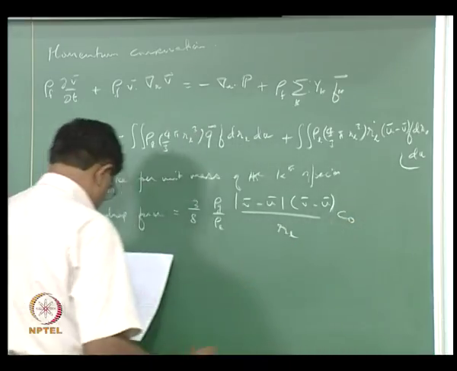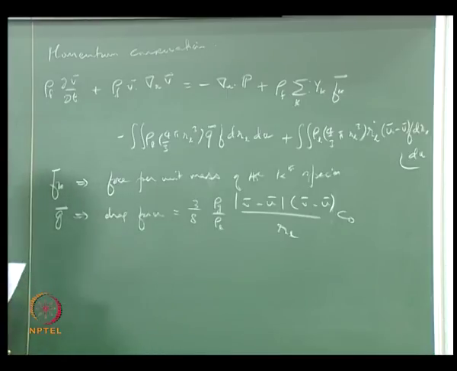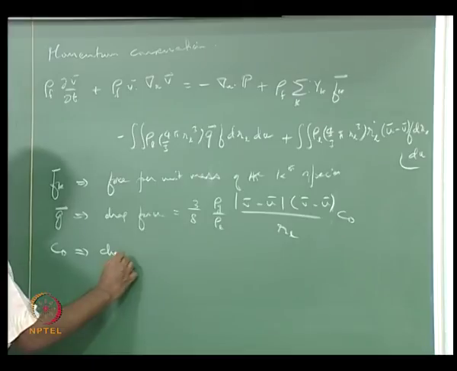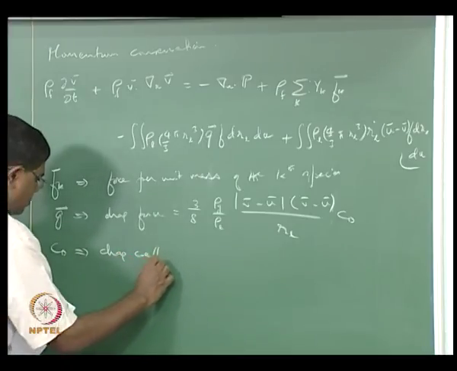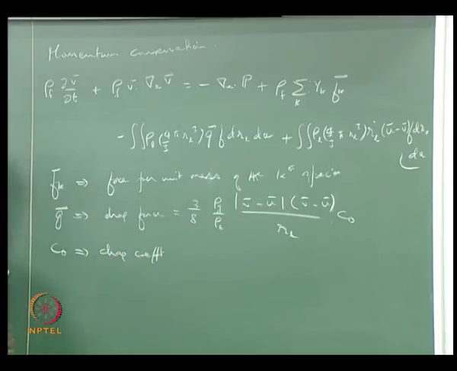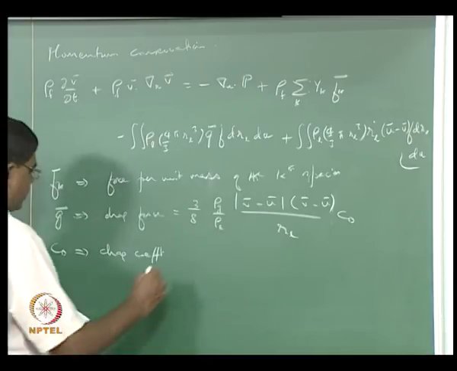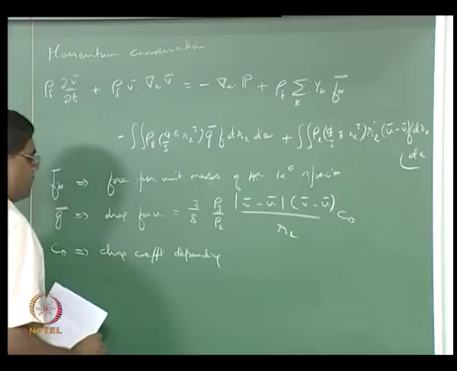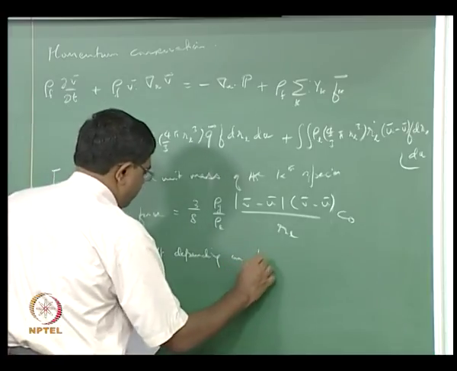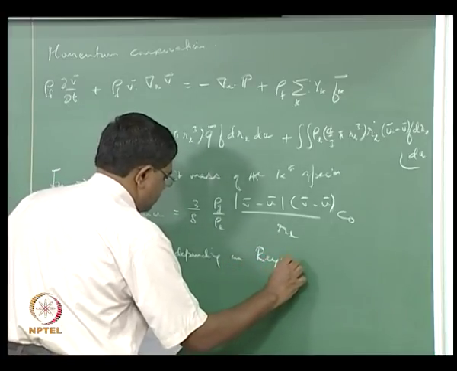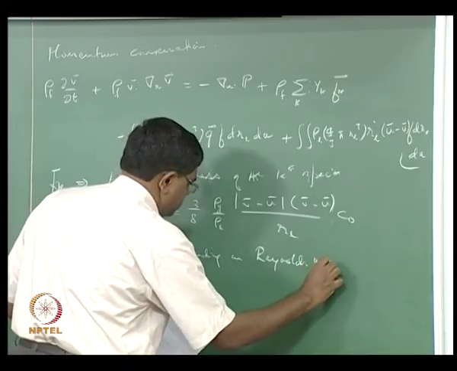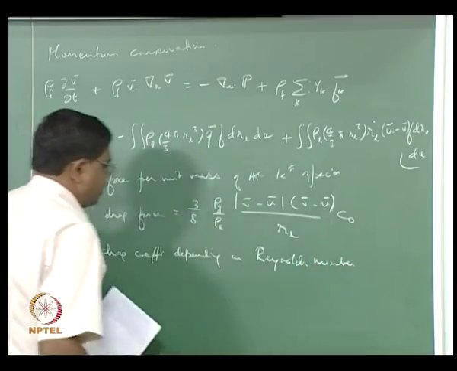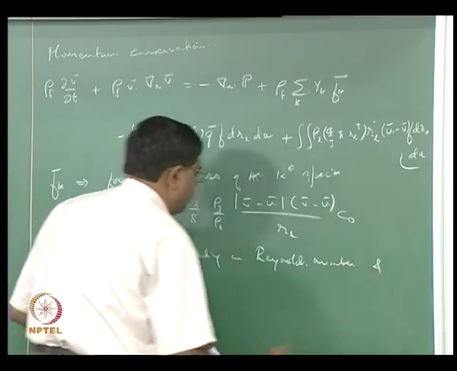times CD. Now CD is the drag coefficient depending on Reynolds number and mass transfer number.